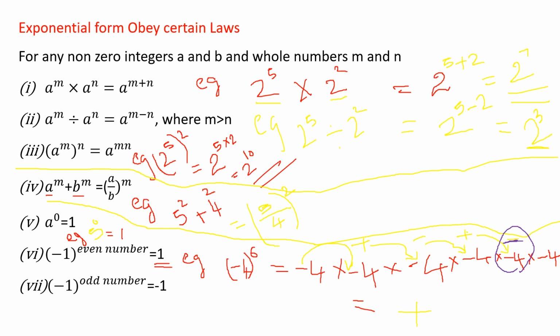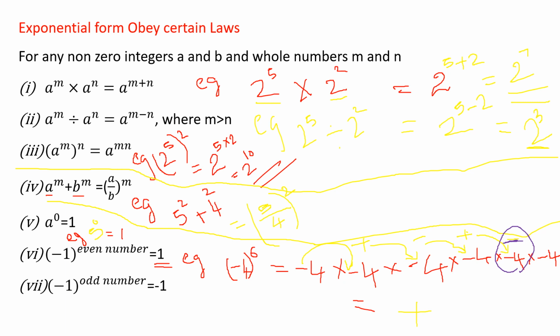Okay, again it is repeating here. So today how many formulas have you learned, children? 7 formulas. You can say it with me. Just repeat after me. A power m into a power n is equal to a power m plus n. That is the first formula.